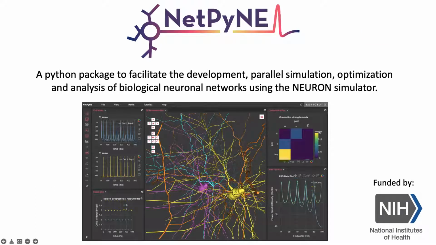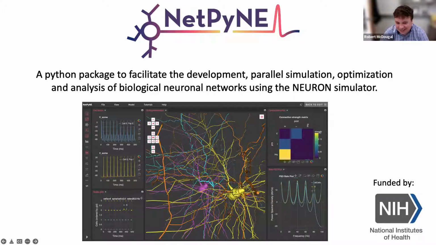Well, with regard to netpine in particular, how easy is it to accomplish things outside of the scope of netpine if you have to write your own Neuron code? I suppose that depends on who you're asking.